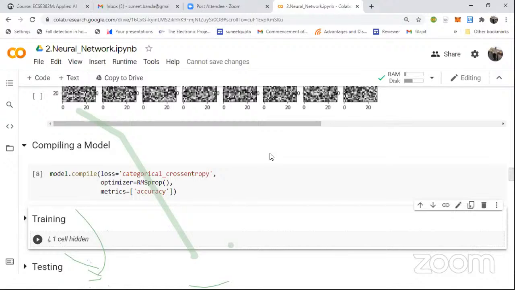Optimizer, we are using RMSProp. Besides it, Adam, Adadelta, and some other optimizers are also there. The role of the optimizer is to converge the model quickly. Actually we are trying to solve an optimization problem. Why?